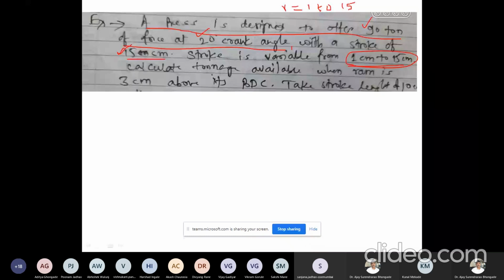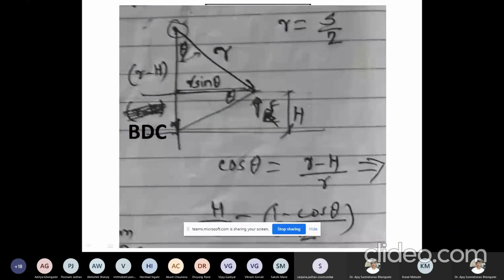Now we want to find out what is the tonnage when the ram is at 3 centimeter above its BDC and the stroke is 10 centimeter, right? So we can vary the stroke from 1 to 15. Now we have kept it as 10, and the ram is at 3 centimeter above its BDC. So if I talk about this particular H we discussed in the previous slide, this H is equal to 30.